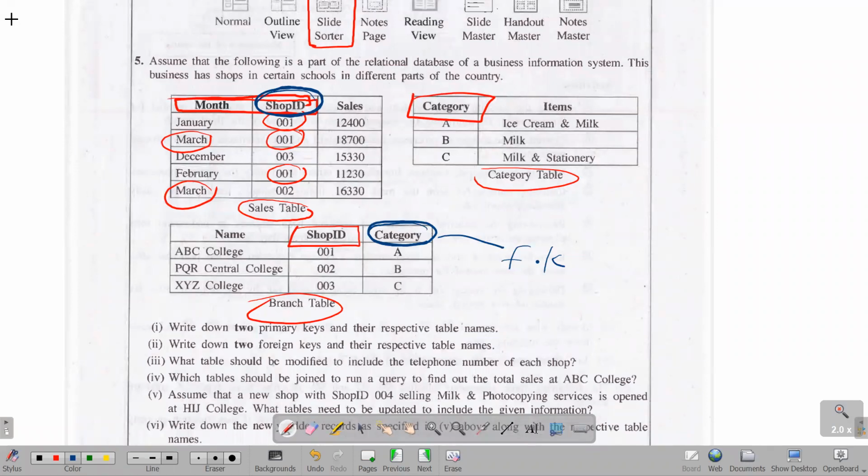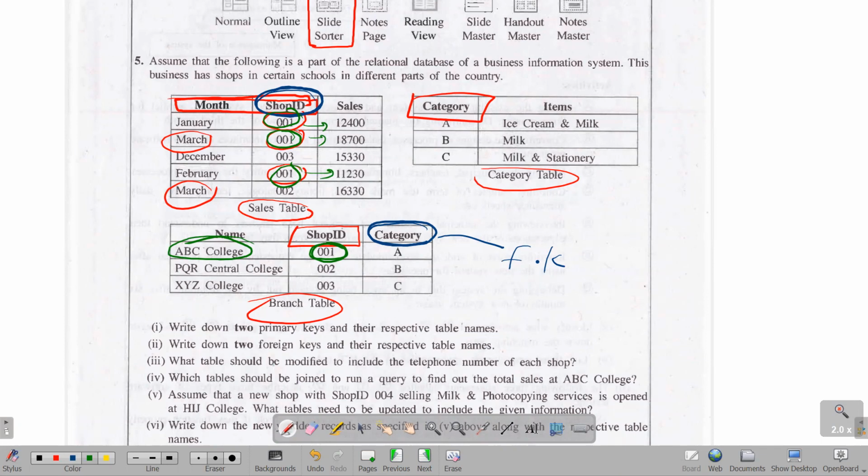So if you want to find the total sales of the ABC college, first of all, you have to figure out what the ABC college is, and you have to figure out the shop ID. So from the shop ID, we have to figure out the corresponding sales.